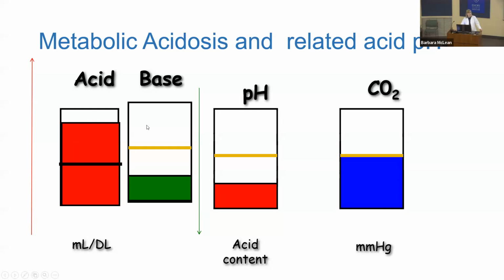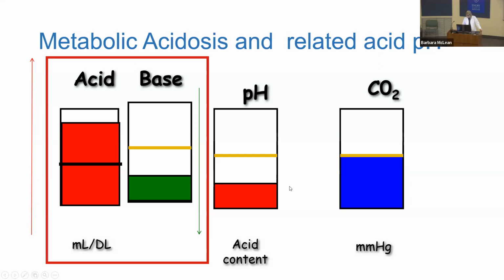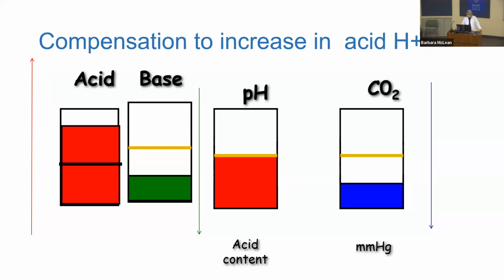The correspondent to that is base and bicarb. Those are down. My pH is down. I have a primary metabolic acidosis. And what I ultimately want to see happen, hoping I have it, is that I'm going to blow off my respiratory acid in order to compensate and get my pH back to an acceptable range.